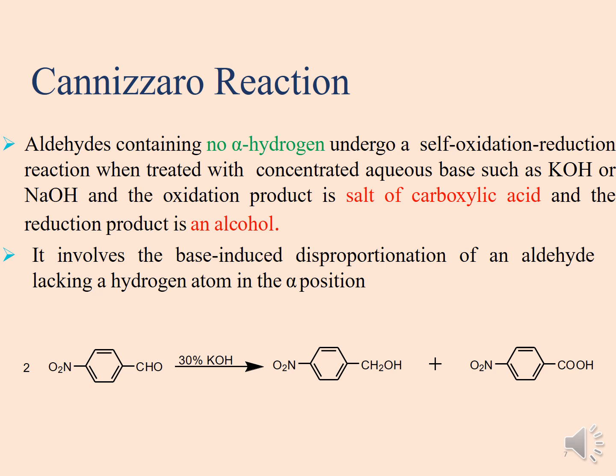It involves the base-induced disproportionation of an aldehyde lacking a hydrogen atom in the alpha position. We can see that nitrobenzaldehyde in the presence of KOH forms alcohol and acid.